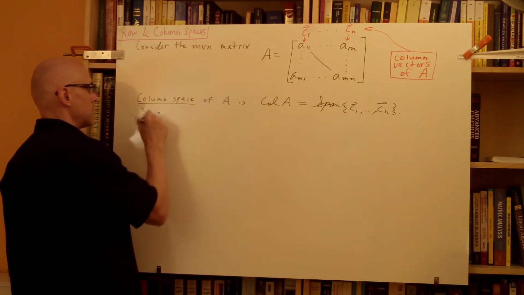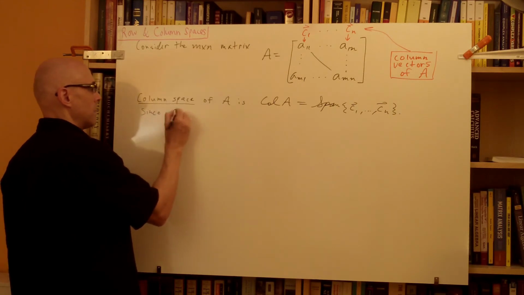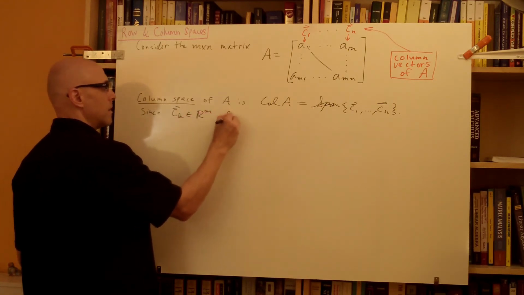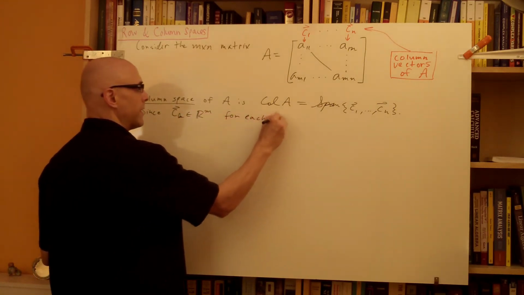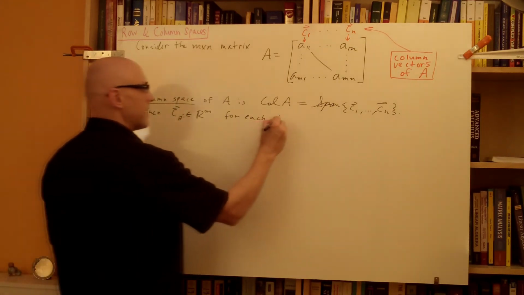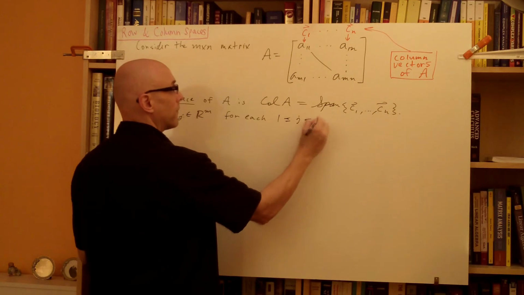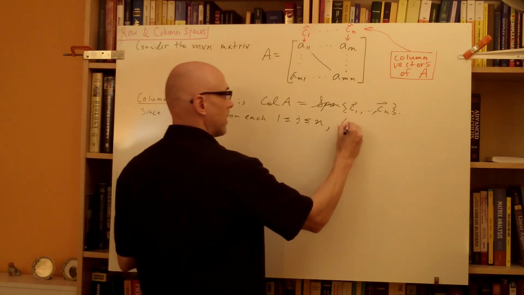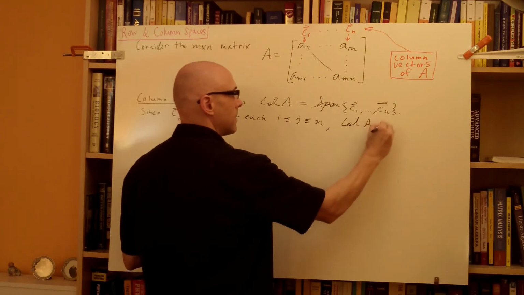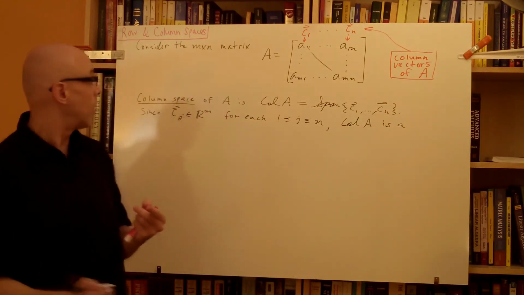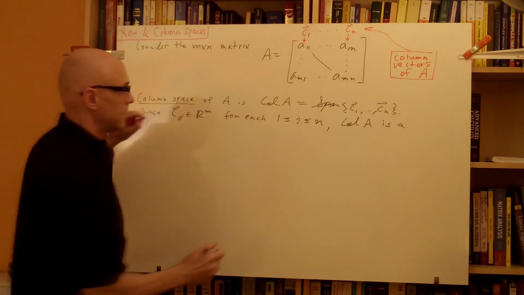So since the column vector CJ is an element of Rm for each j from 1 to n, the column space of A is a subspace of Rm.